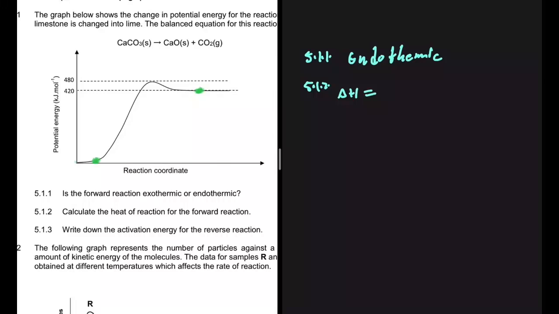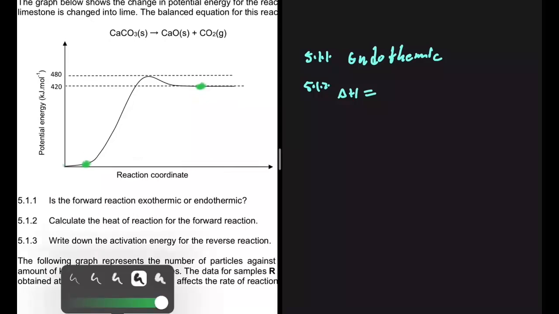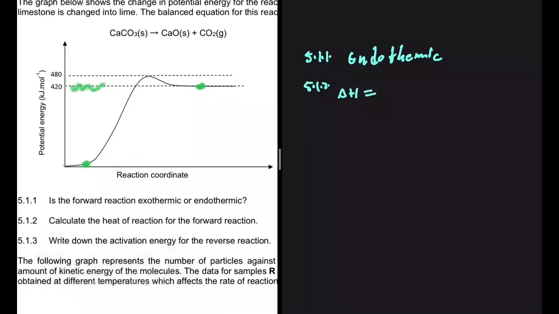It is the energy of the products minus the energy of the reactants. Our products have an energy of 420 kilojoules per mole, while the reactants start with an energy of 0 kilojoules per mole. So our enthalpy change will be 420 minus 0, which is just equal to 420 kilojoules per mole. That is the answer to 5.1.2.